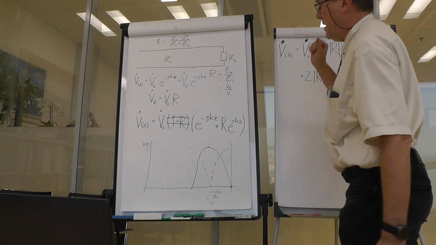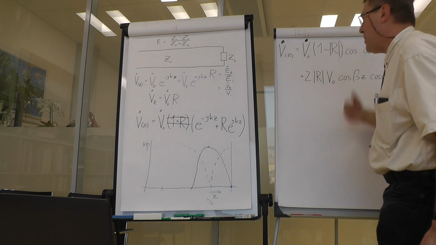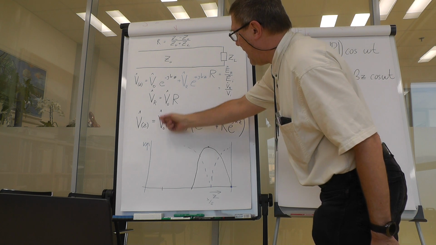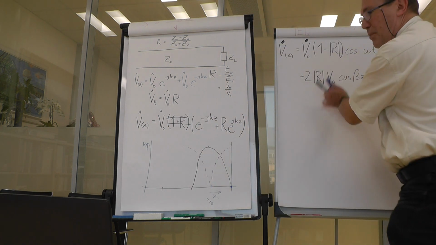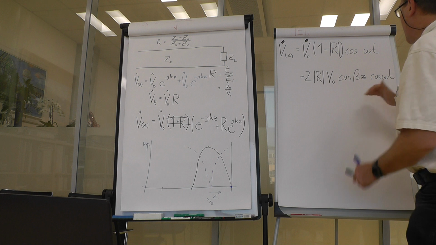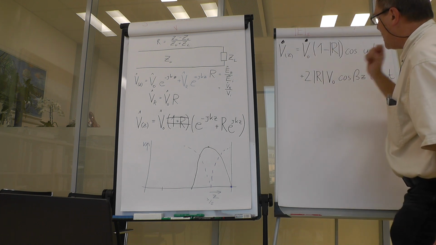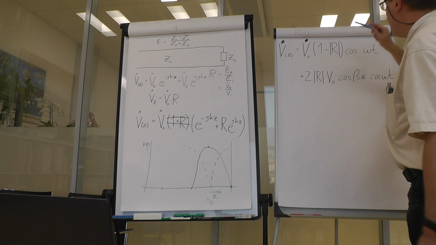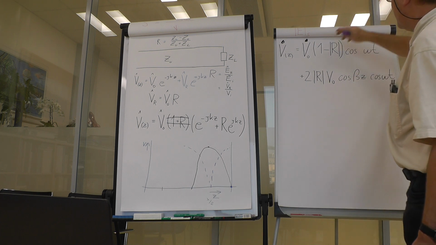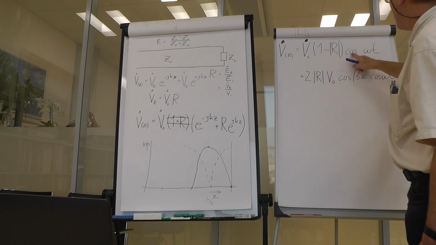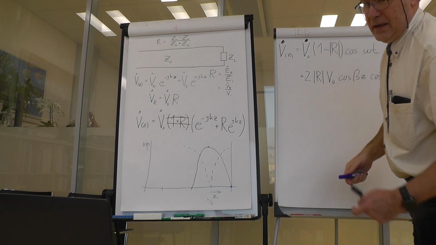I have just used a simplification which stated that the phasor has a 0 phase at 0 coordinate. Not important, in fact, in reality. So we have two terms now for the voltage on the line. Now let us observe them a little bit. So we have one term which, in the case of 0 reflection, becomes voltage times cosine omega t.